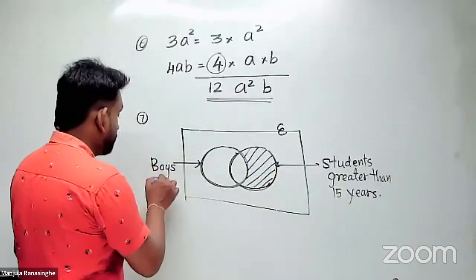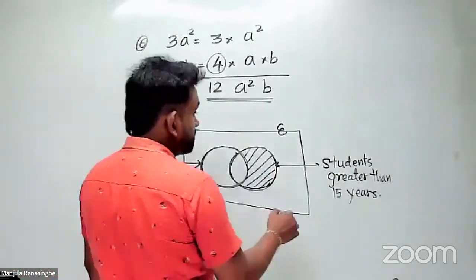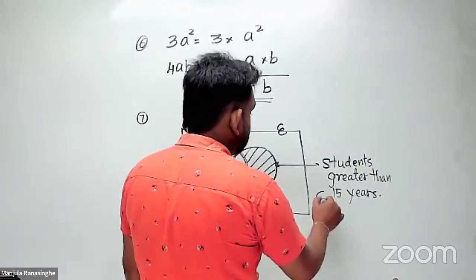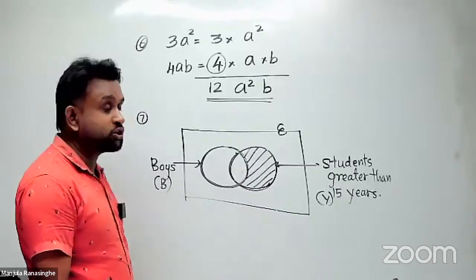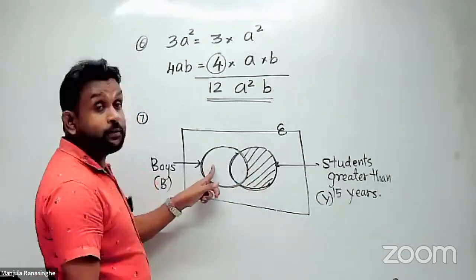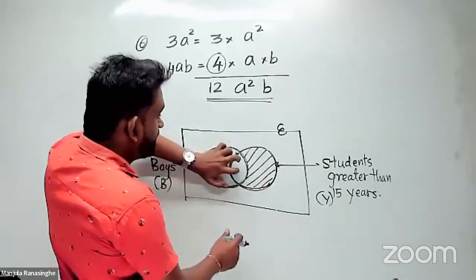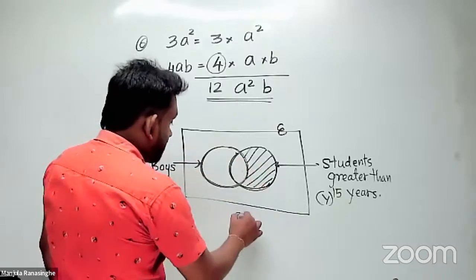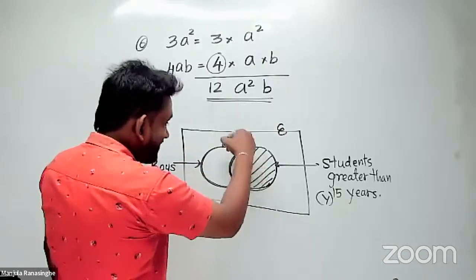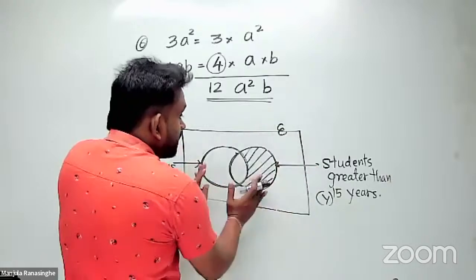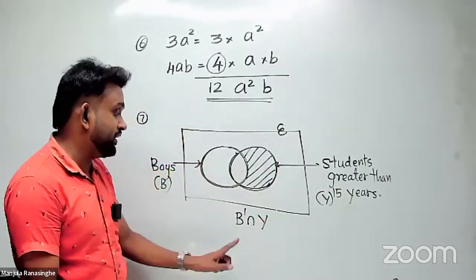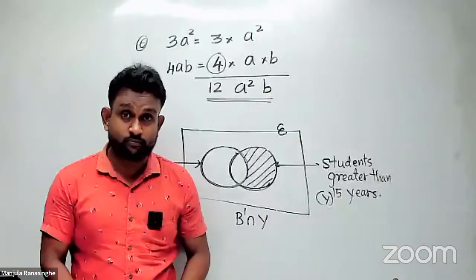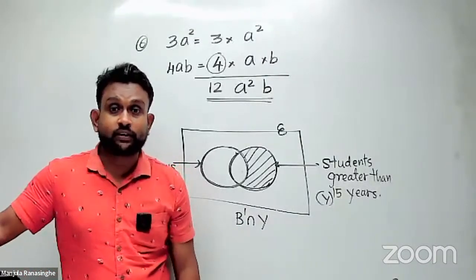If they ask you to indicate it in set notation, imagine B and here the Y set, then how do you write the set notation for this part? The complement of B, B dash, but it intersects, not all of B dash, it intersects with the Y set only. So this is how you indicate it in set notation. Okay, right.